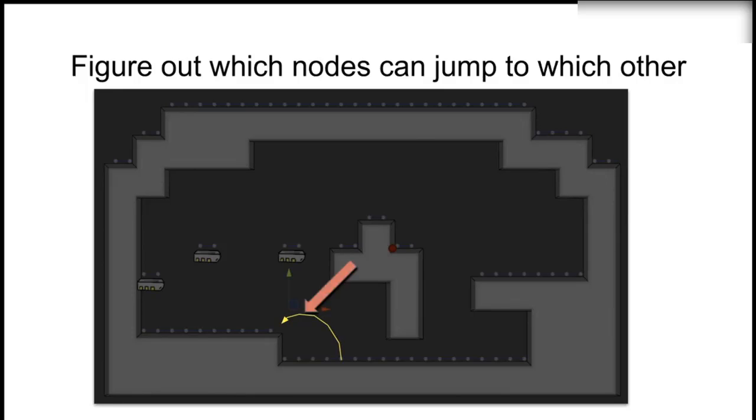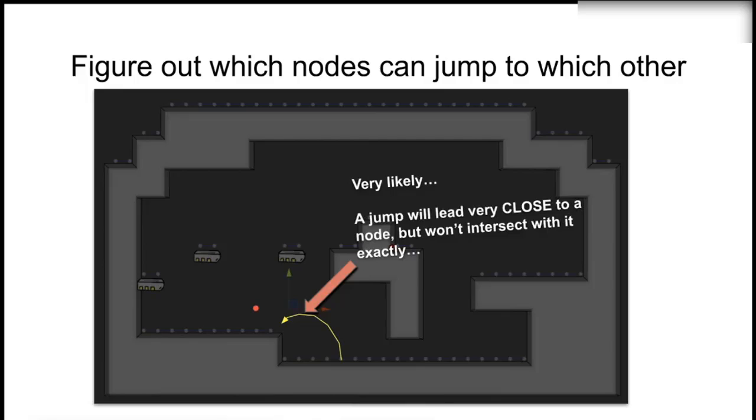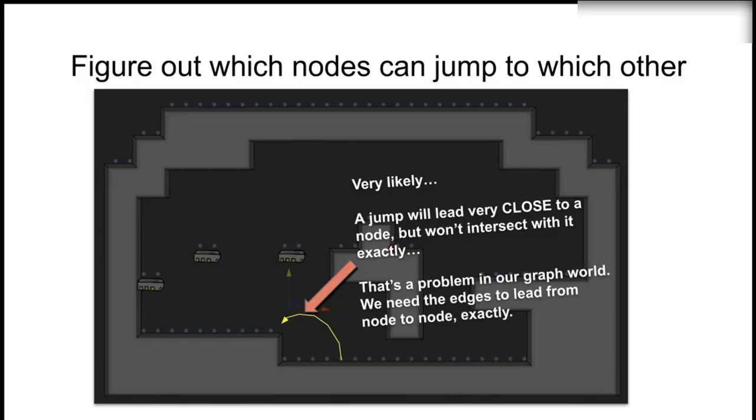Yeah, there's a little hiccup though, where if you find out from this node here and you're jumping up and to the left and you see that you are close enough to this node to consider that, yes, I can get from that node to this node, it's super likely that the jump velocity is going to lead you close to that node, but not exactly to the node, which is actually a huge problem when we get to the next step about how we follow the motion paths.